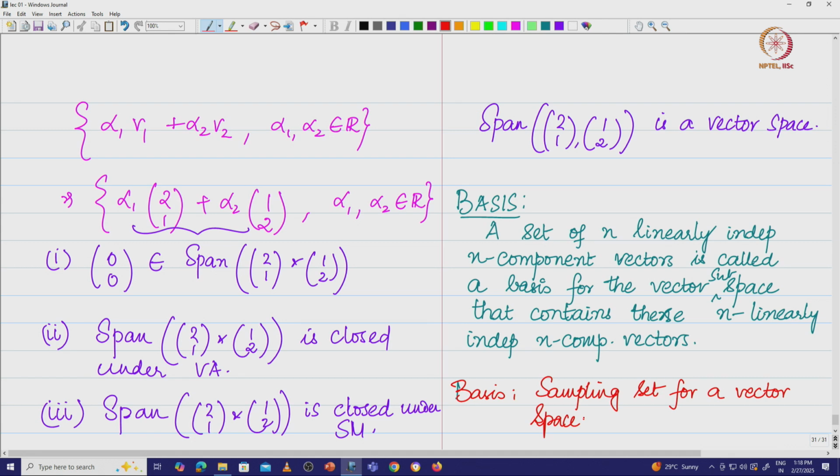And what is interesting is, when you have a set of vectors which form the basis for a vector space, any vector in the vector space will have a unique representation in terms of the basis. Okay, so let us write this.